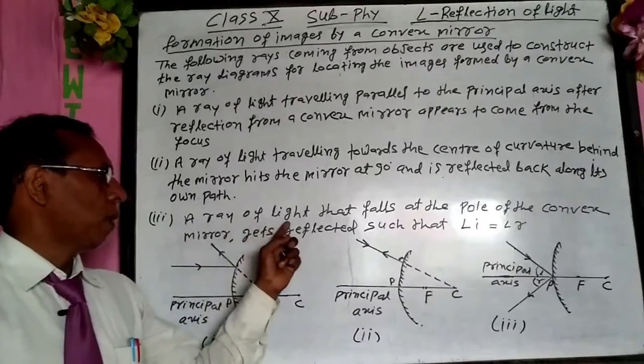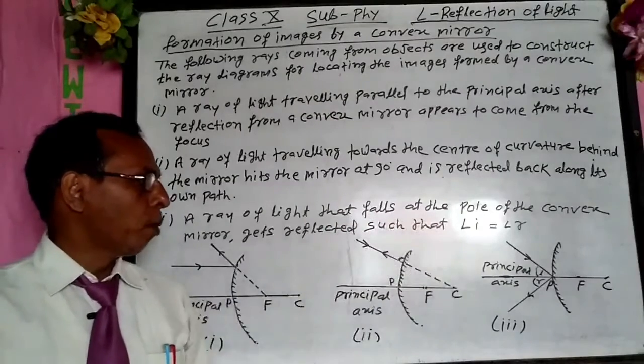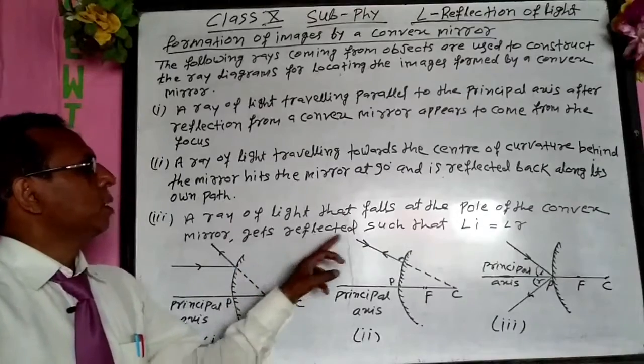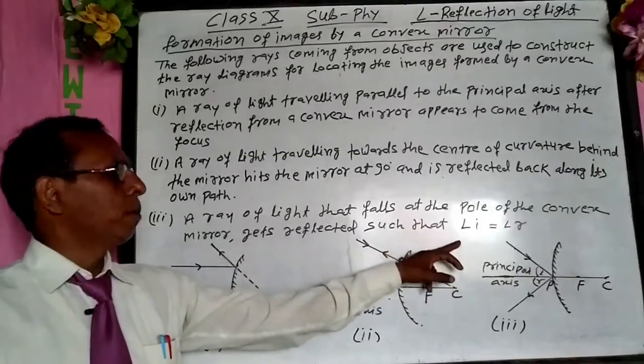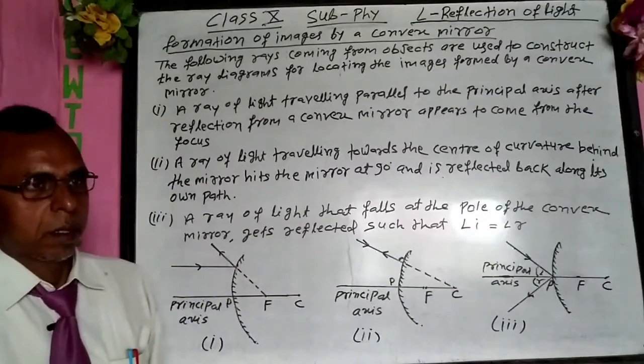A ray of light that falls at the pole of the convex mirror gets reflected such that the angle of incidence is equal to the angle of reflection.